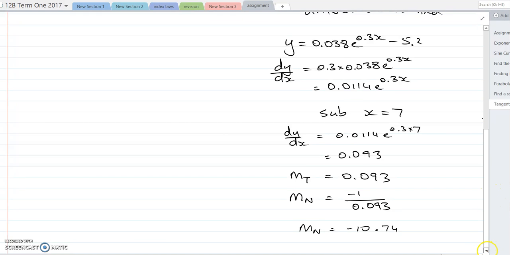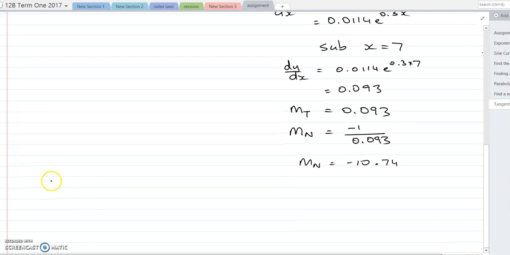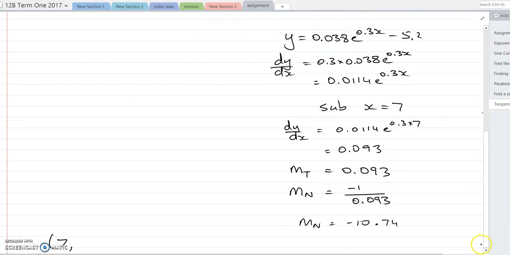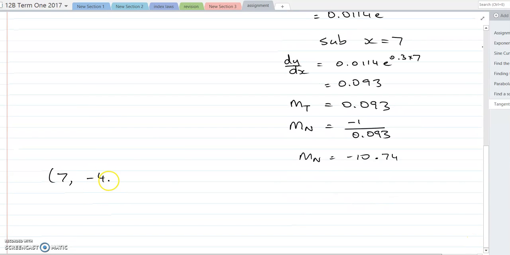Now I've got this point 7, negative 4.89. That's my x, that's my y. I've also got m. For the tangent, it's 0.093.